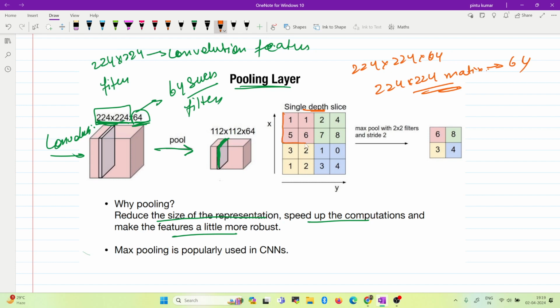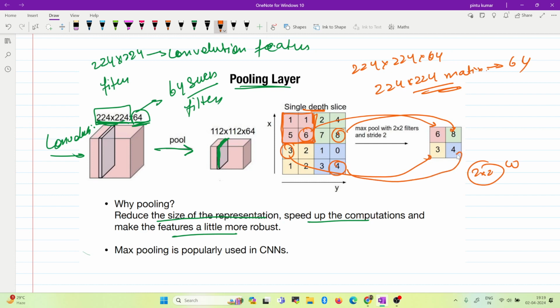This is a max pooling with stride 2. You place a 2 cross 2 window over here and take the maximum value out of it. For example, this is your maximum value, from here this is your maximum value, from here this, and from here this.